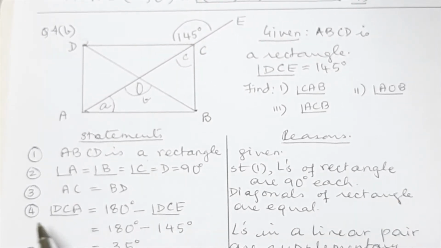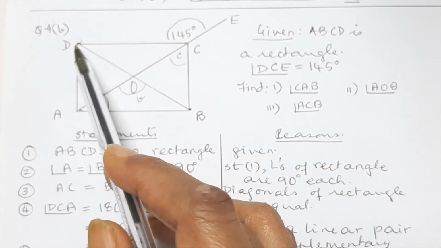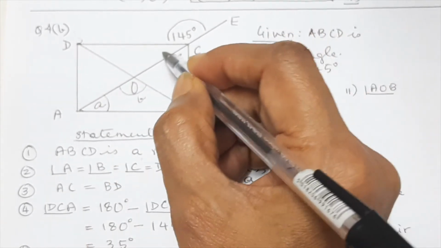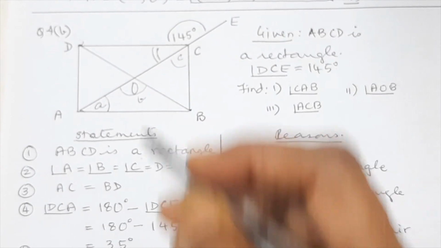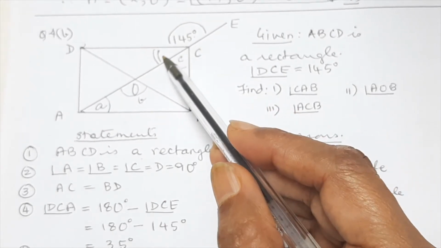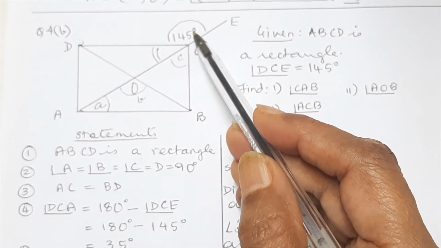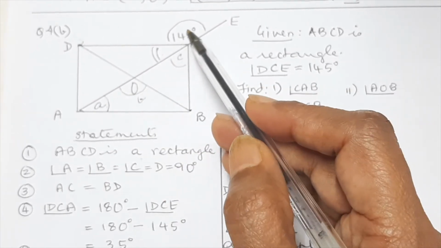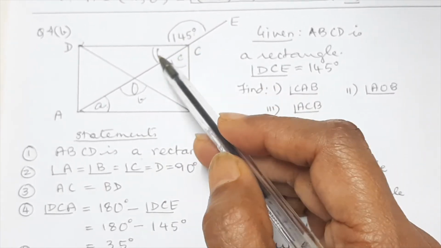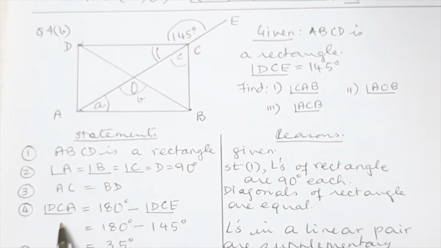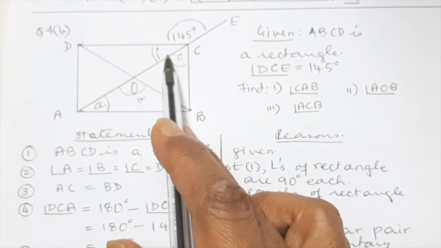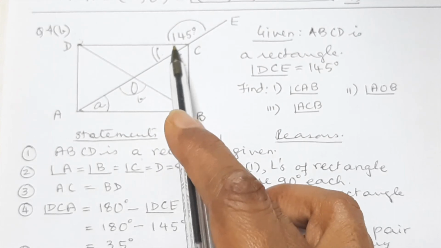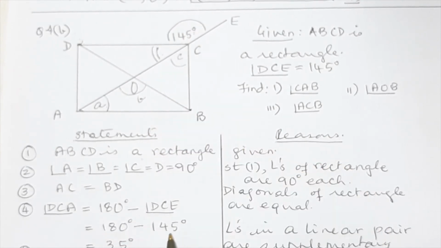Now, angle DCA, that is this angle over here, this 145 and this. So we are slowly going from 145 this way, okay? So 145 and this, what is the connection? They are angles in a linear pair, so we write that. So DCA, this one, is going to be 180 degrees minus 145, which is 35, because angles in a linear pair are supplementary.